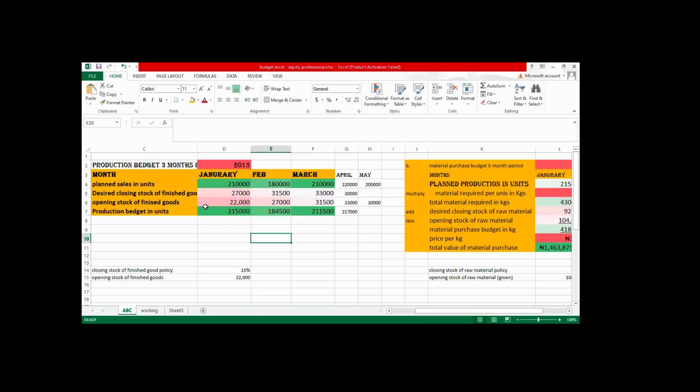In preparing your cash budget, it is prepared on cash basis. That is, if you make sales, your sales are not recognized until you collect cash. If you make sales in January and you have to collect cash in February, that cash will be recorded against February.